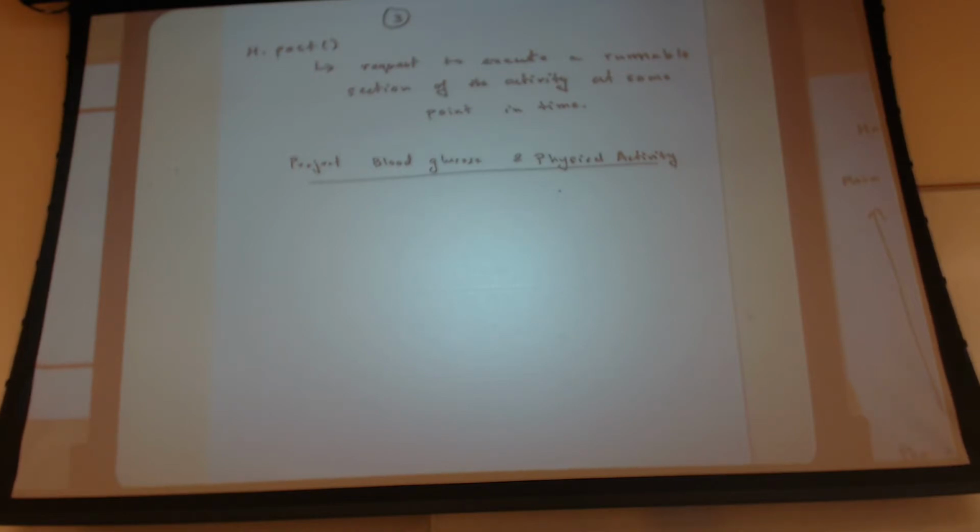Exercise is when you are running vigorously, jumping, or lifting weights. Physical activity is just walking or doing things that you normally do. Now it has been seen that physical activity has a very big impact on blood glucose level.